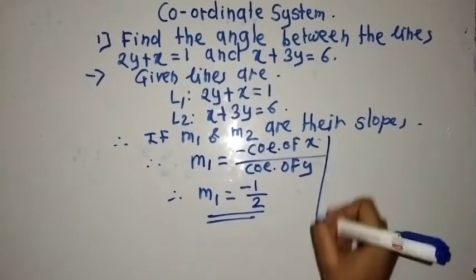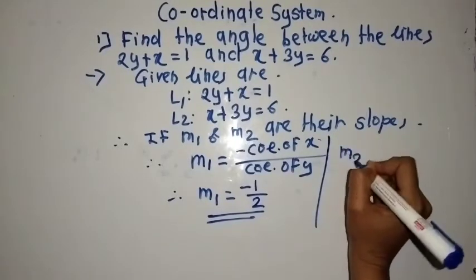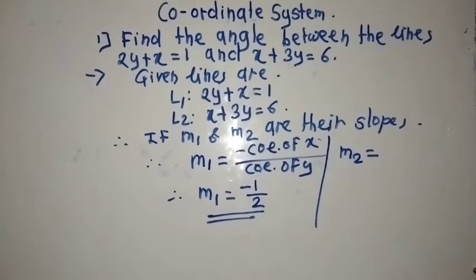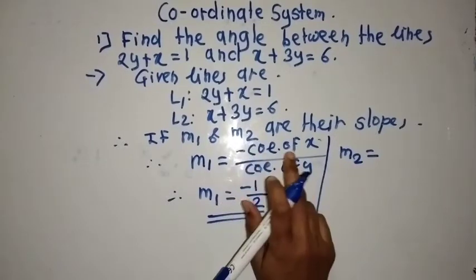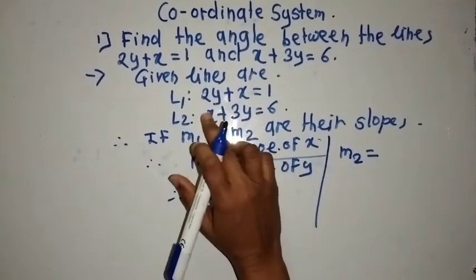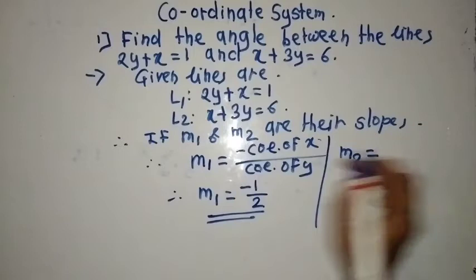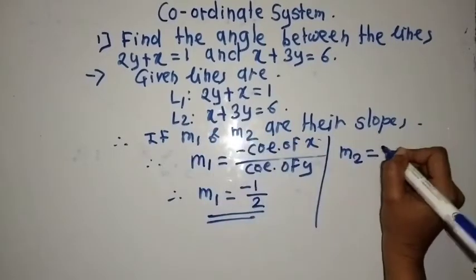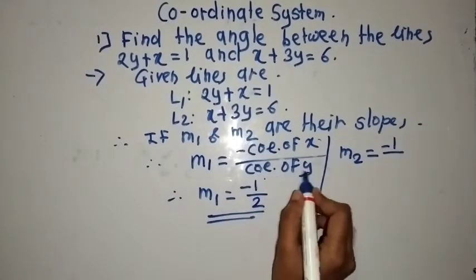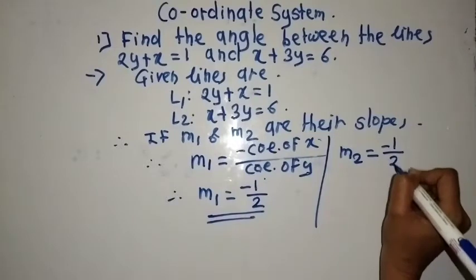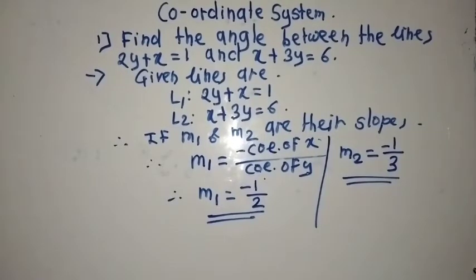Similarly we find M2. M2 is equal to minus coefficient of x upon coefficient of y, where the coefficient of x is 1 and the coefficient of y is 3. So M2 is minus 1 upon 3.